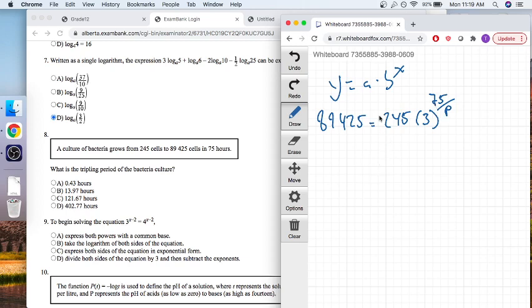Okay, so let's divide by 245. 89,425 divided by 245 equals 365, equals 3 to the 75 over p.